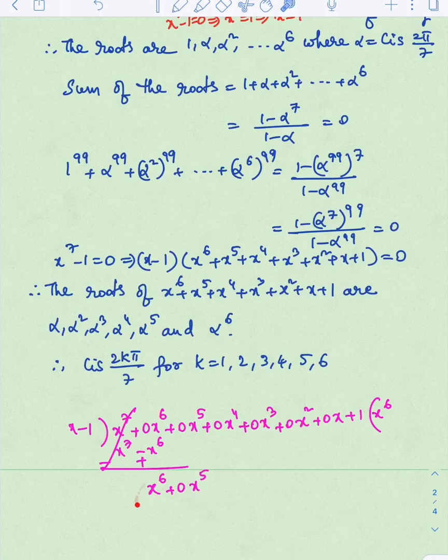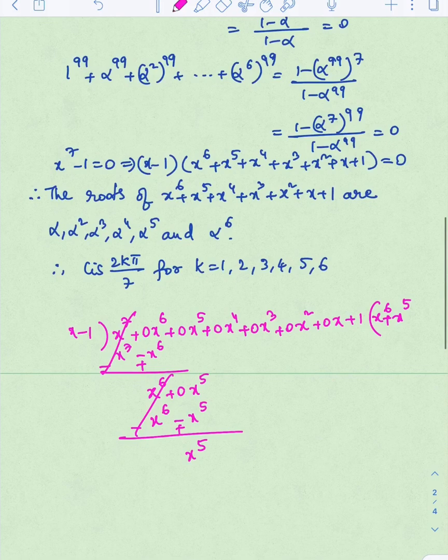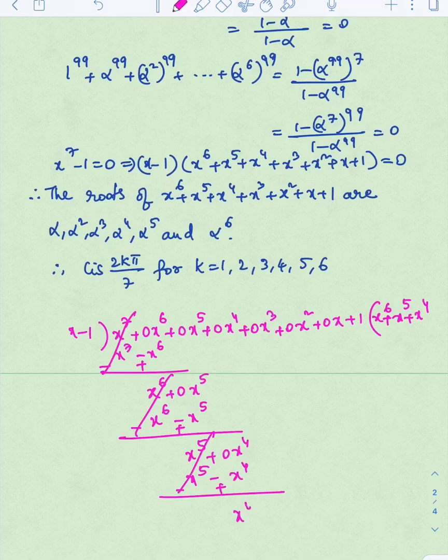And write the next term plus 0 x power 5. Again, first by first, that is x power 5. Again do division, again subtraction. Next x power 4. Here x power 5 minus x power 4. Change the symbols, cancel. X power 4 plus 0 x cube.